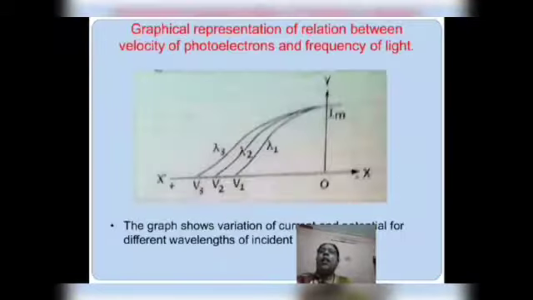In the graphical representation of the relation between velocity of photoelectrons and frequency of light, the graph shows maximum current flowing through the circuit on the y-axis and cathode potential on the x-axis. V1, V2, V3 are the stopping potentials for different wavelengths of light: lambda 1 has stopping potential V1, lambda 2 has V2, and lambda 3 has V3.